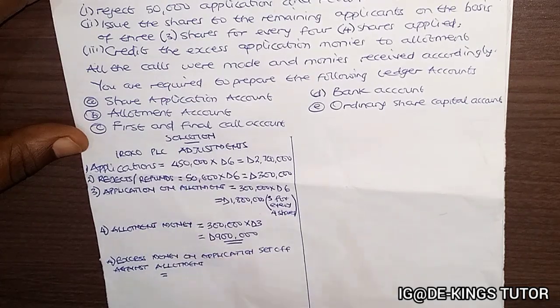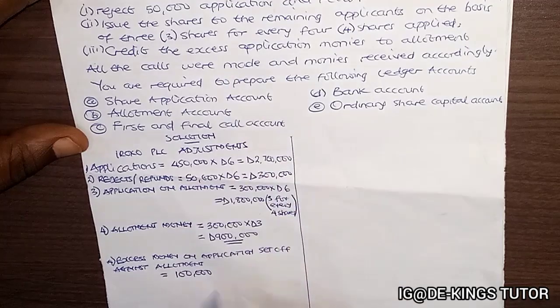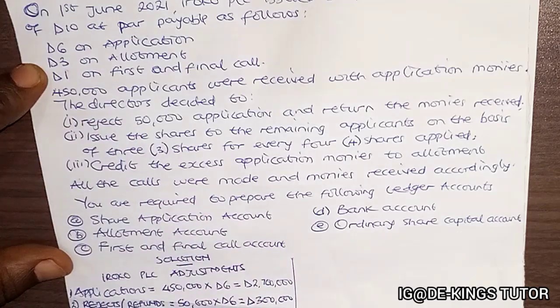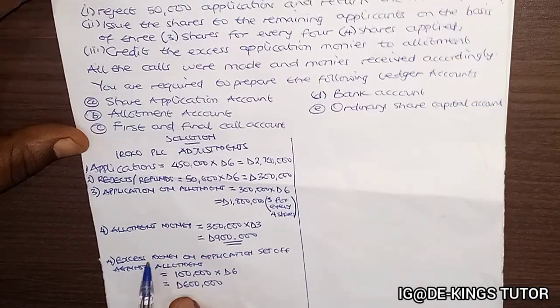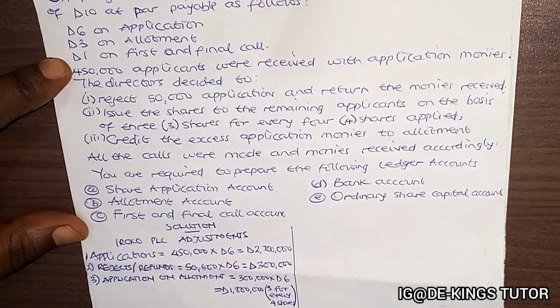So the excess application is 100,000. They said to credit the excess application money to allotment. So 100,000 excess times the application amount of $6 gives us $600,000.